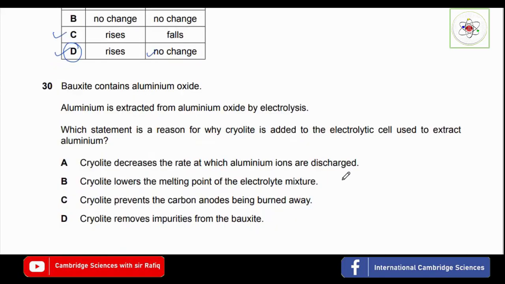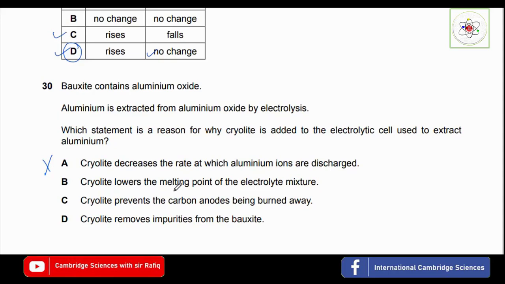Bauxite contains aluminum oxide. Aluminum is extracted from aluminum oxide by electrolysis, right? Which statement is a reason why cryolite is added to the electrolytic cell used to extract aluminum? Cryolite decreases the rate at which aluminum ions are discharged? No. Cryolite lowers the melting point of the electrolyte mixture?